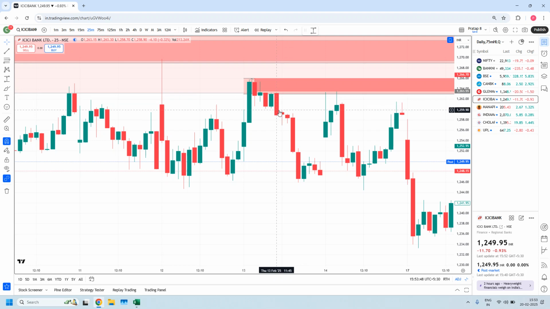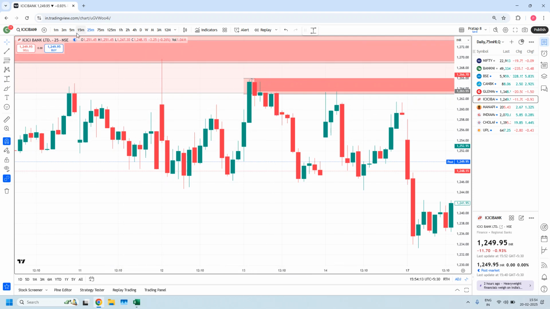But this is not a great leg out. Again, after the drop has started. But still, you can compromise and draw the 15-minute zone like this. This is the way you can draw the 15-minute zone. But anyway, I didn't draw it because I am not fully convinced with this leg out.